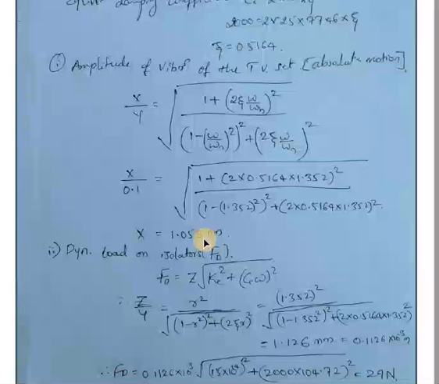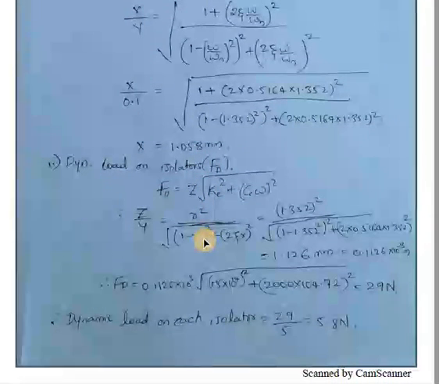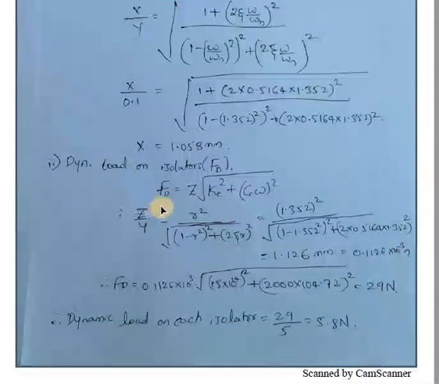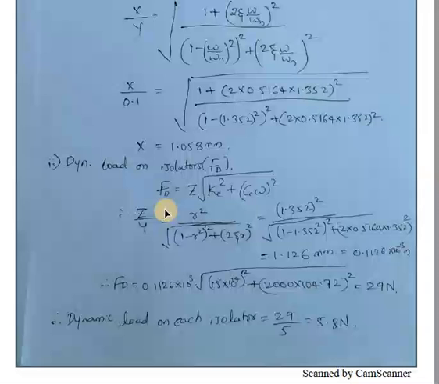Similarly, the dynamic load on the isolators Fd is given by Z into root of (Ke square plus (Ce omega) whole square). We know that Z by y is given by r square divided by root of ((1 minus r square) whole square plus (2 zeta r) whole square). In this equation we know all the values.